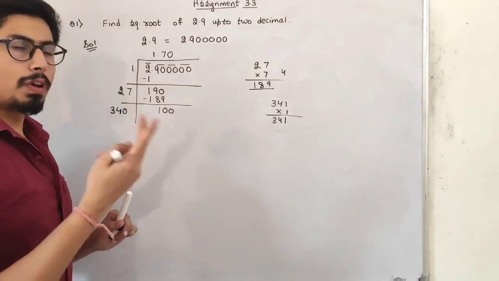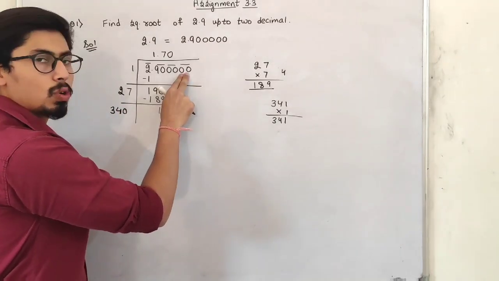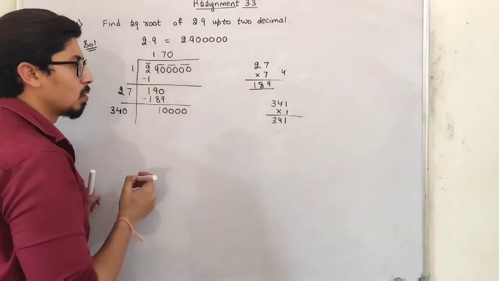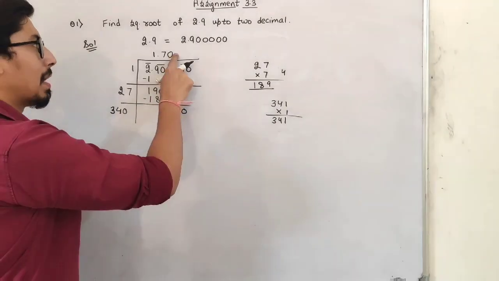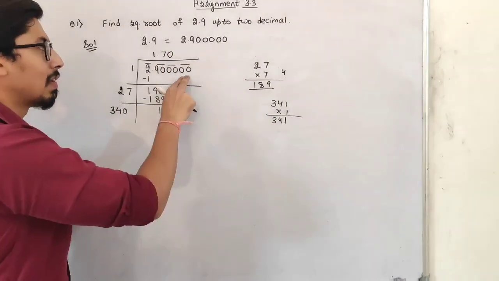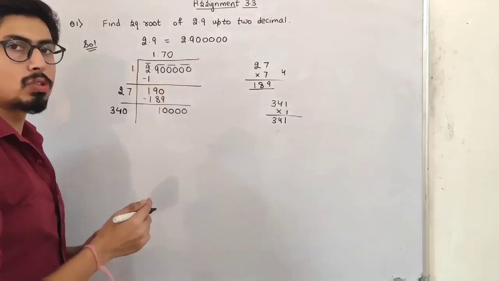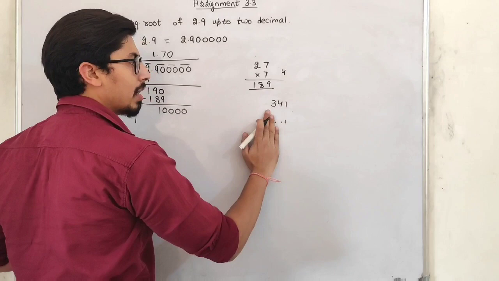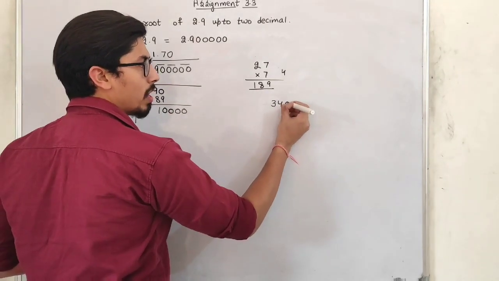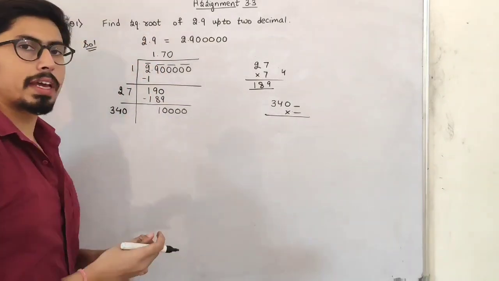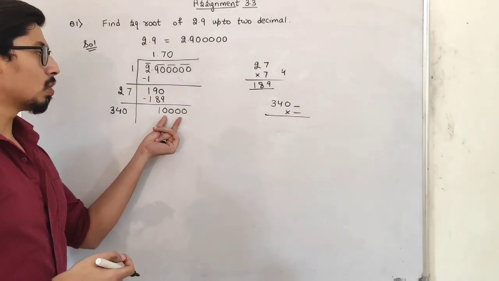Now I will use the next zeros also. The next zeros are 0 and 0, because I already placed 0 here. So I will take the next bar digits also, so it will be 0 0. Just write 0 0 here. Now I will take this 340 and a digit and multiply it by the same digit, to form a number near to 10,000.